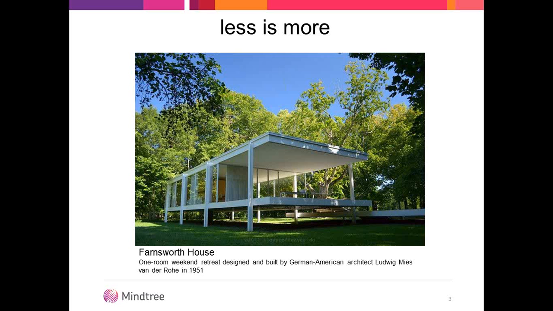Van der Rohe was way ahead of his time in thinking about it, and he was thinking, I'm trying to create a space, rather a personal space, which is going to be true to what it needs to do. So you can clearly see that the entire structure is laid on a number of pillars. The usage of the space and the elevation, and it is completely pure white in color.